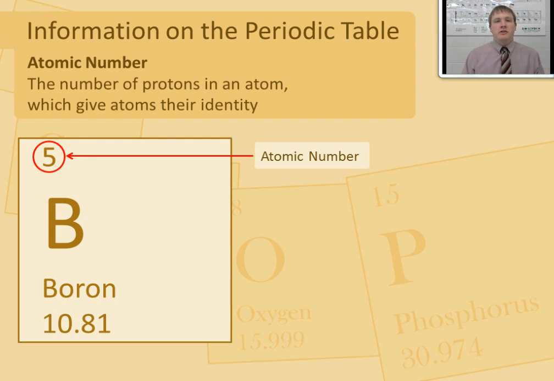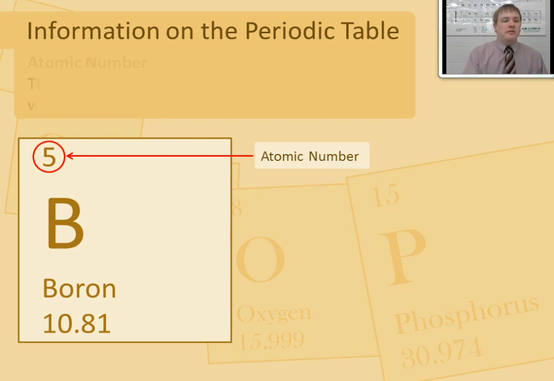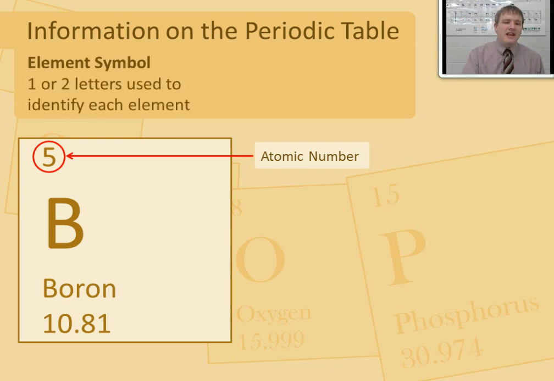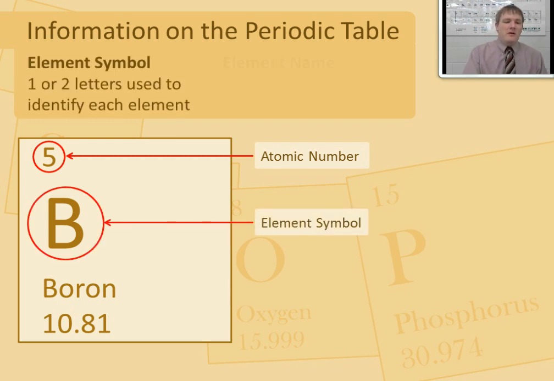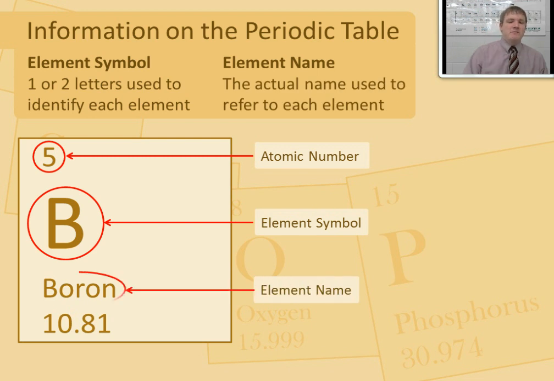The atomic number is very important. Other things that are important, though, include the element's symbol and the element's name. Now, the element symbol and element name are very important when you are representing elements in chemical formulas. When you are working with elements, it's very helpful to know how we name them and how we represent them with symbols.